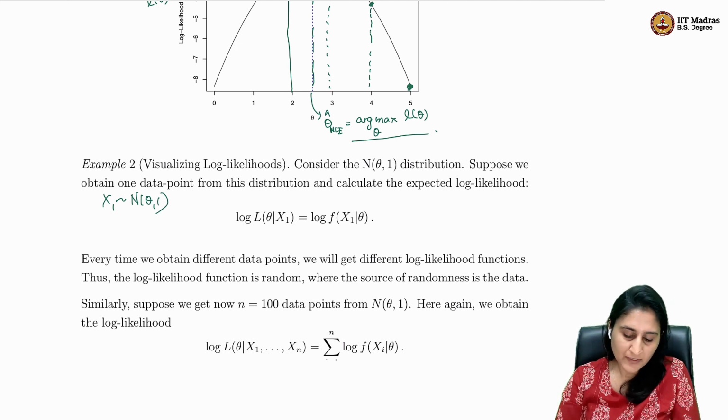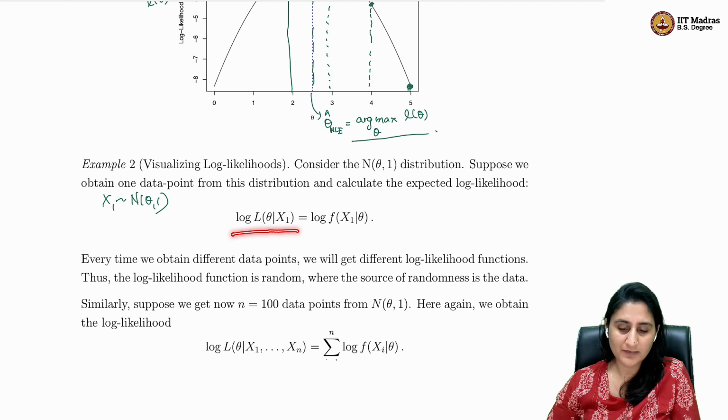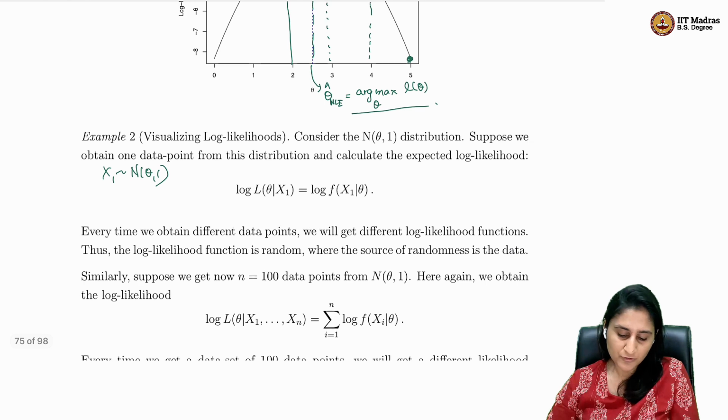And what I do is I calculate the log likelihood, right? So the log likelihood of theta given x1 is log of f of x1 given theta, for whatever is the x1 that I observed. Now, I'm going to repeat this process again. I did it once and I got some x1, but I'm going to repeat this again.